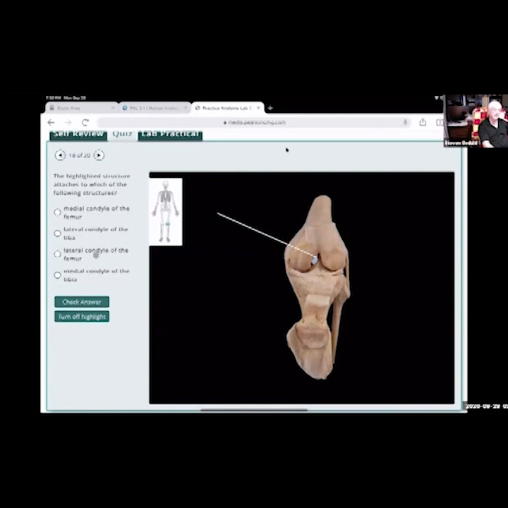Anybody have a good guess? Medial condyle of the femur. This goes with the first one, right? Perfect. Very good. It comes right through the middle here, and that's the posterior cruciate ligament, as it attaches and runs down underneath.